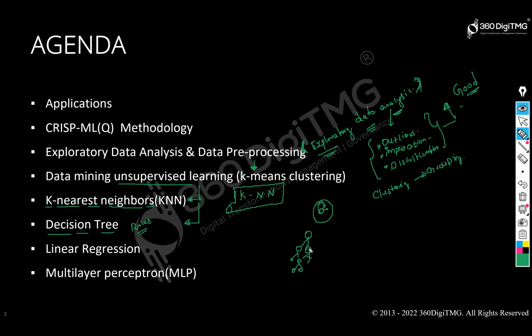Like this, a lot of patterns will be there. You can take this as one pattern, this as another pattern, this as another pattern. All these are the patterns we have, right? So rules and patterns we have.